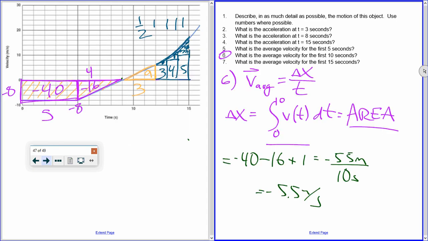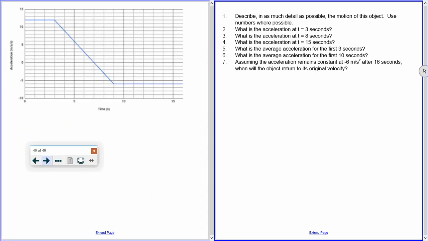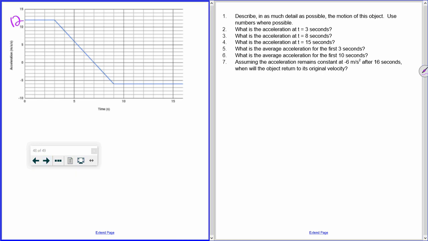So finally, let's look at an acceleration time graph, all right? So same drill, pause it, answer them, see what you can do. All right, so we can't say a ton about the motion of this thing because at no point do we know the direction that the object is traveling, right? Knowing that the acceleration begins at 12 tells us that the velocity is increasing, but I don't know if it's getting more positive or less negative, right?